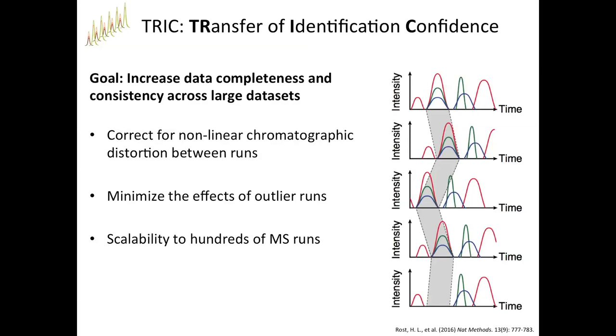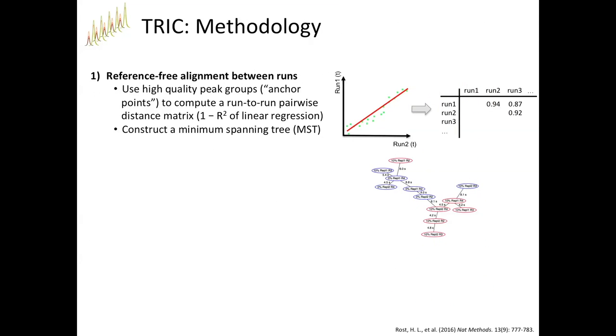The way that TRIC works is by, first of all, generating a reference-free alignment, which means that between all of the runs in your data set, you calculate the pairwise distance matrix by performing a linear regression between each two runs.